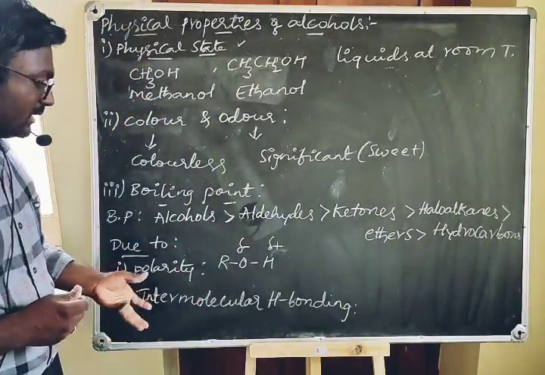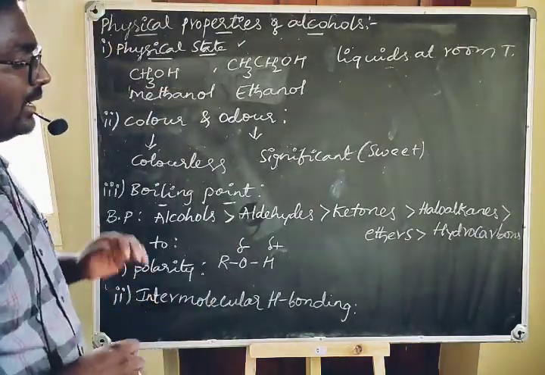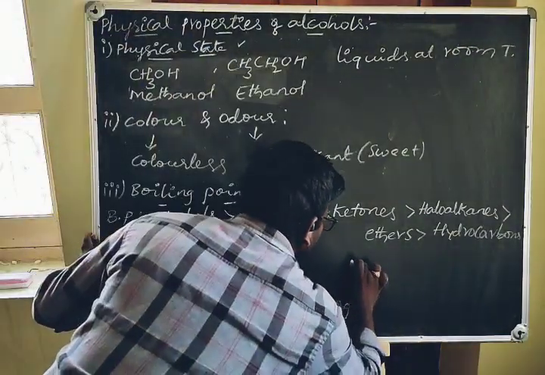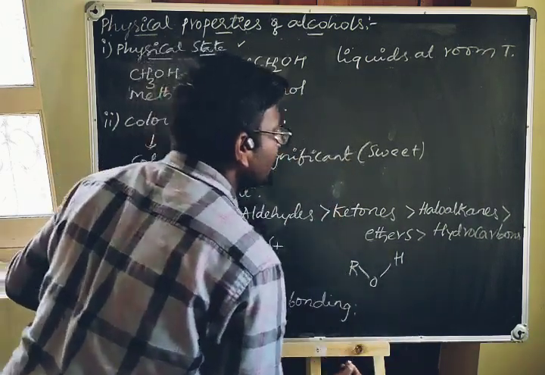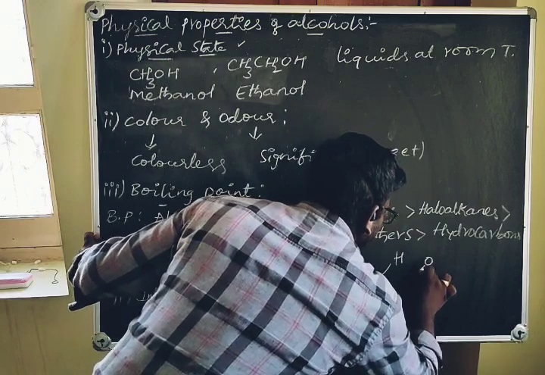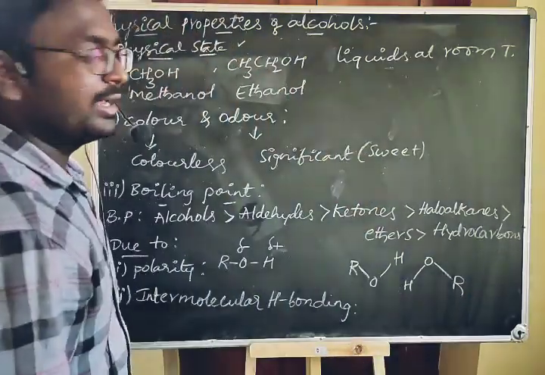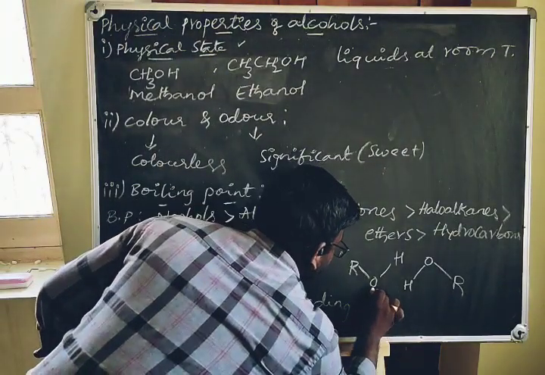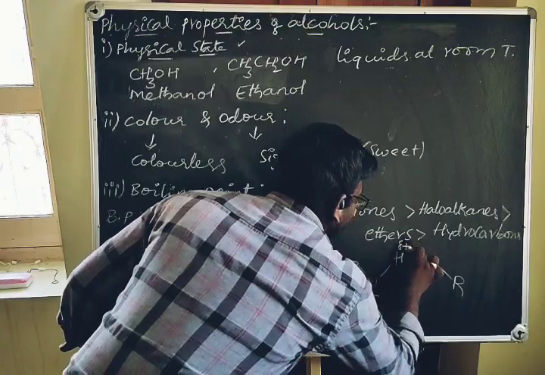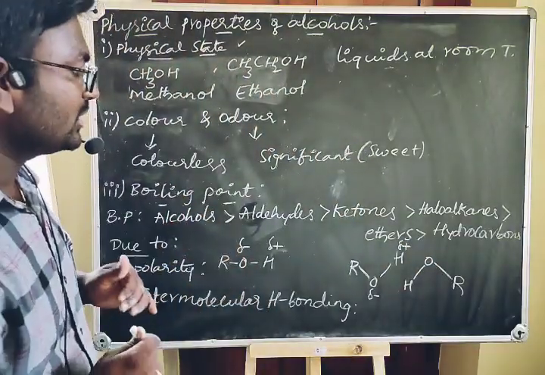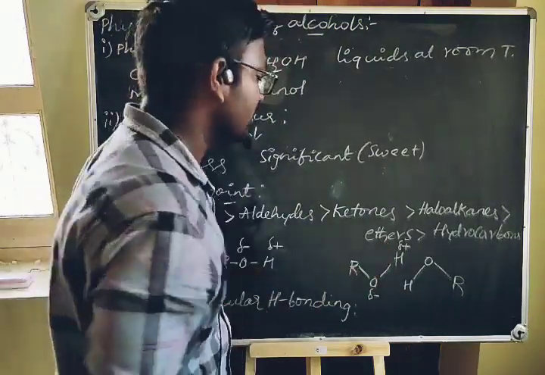How can we have the intermolecular hydrogen bonding? It's very simple. When you take an alcohol like this and take another alcohol molecule like this, oxygen has electron rich density and hydrogen has electron deficiency, so delta minus on oxygen and delta plus on hydrogen.